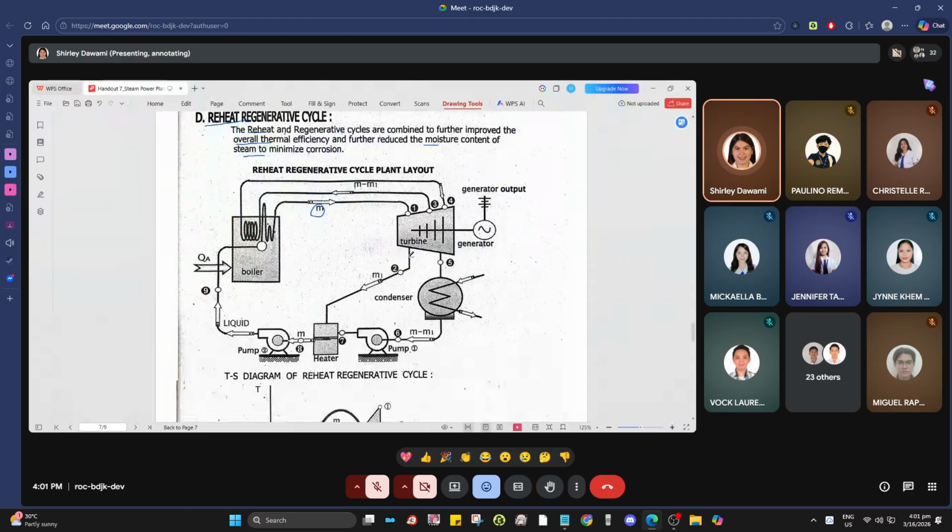Okay. So naa diri ang regenerative process.